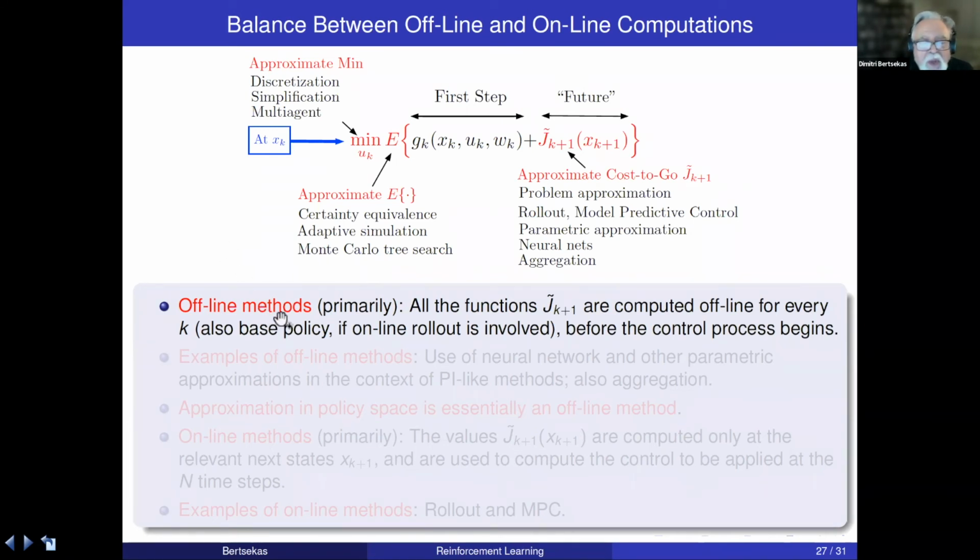On the other hand, we can talk about methods that are primarily offline. Most of the computations are offline. And these are characterized by things like these J tilde functions are computed by some kind of training, neural network training or some other training.